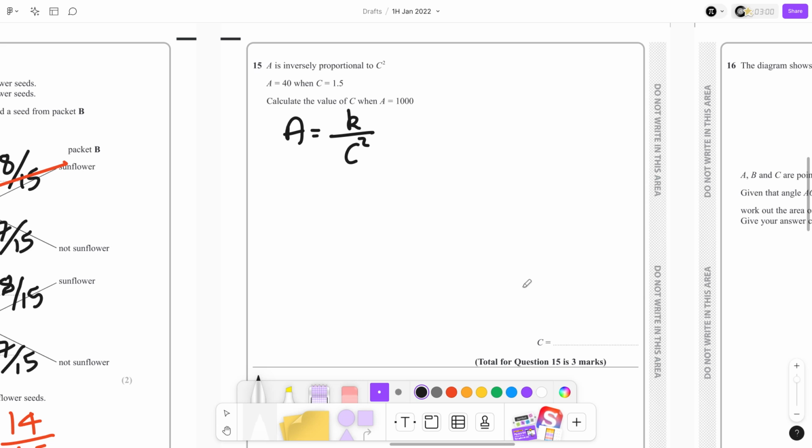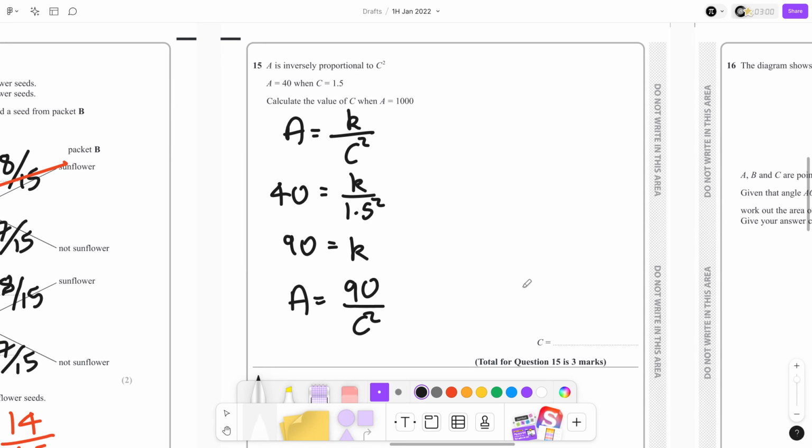Then we can use this fact to work it out. So when A is 40, 40 equals k over 1.5 squared, which means we can work out k is 90, so we know that A is 90 over c squared.